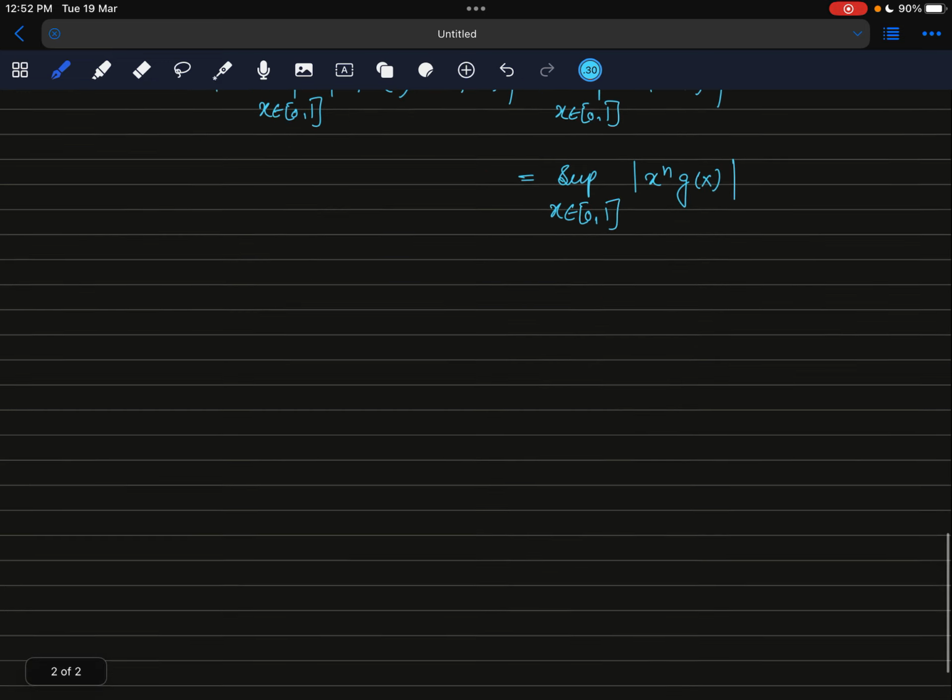Why? Because we know if a function is continuous on the closed interval [0,1], it is uniformly continuous, and also it is bounded on this interval.